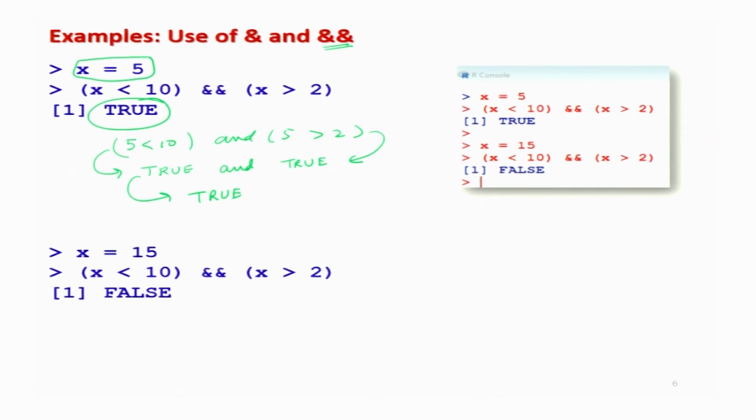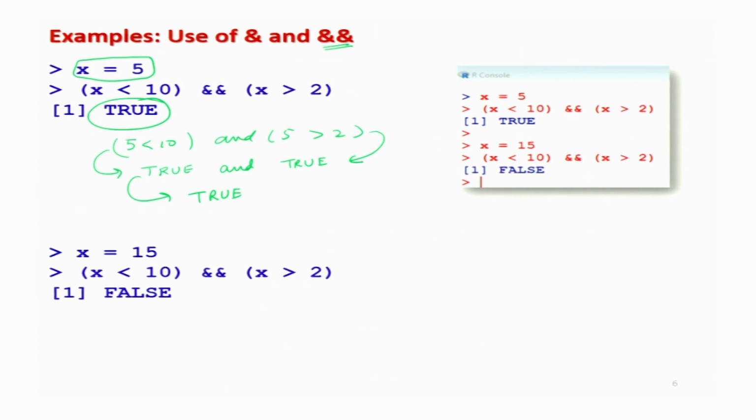The other condition is, in case the student passes subject 1, but unfortunately fails in subject 2, or vice versa, the student fails in subject 1 or passes subject 2, then in that case the student has passed either of the subjects, either 1 or 2, and in this case the student is declared to be passed. So, these are the conditions that we are trying to test here using these two operators.